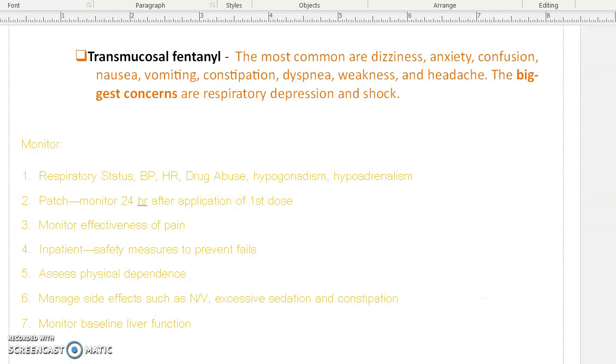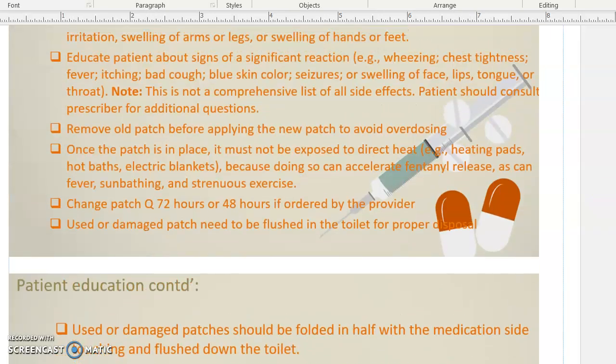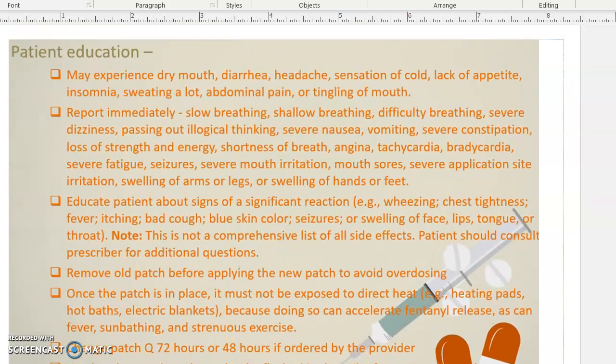And as far as patient education, you want to make sure that they know that they may experience dry mouth or diarrhea, headache, sensation of cold, lack of appetite, insomnia, sweating a lot, abdominal pain, tingling of the mouth.